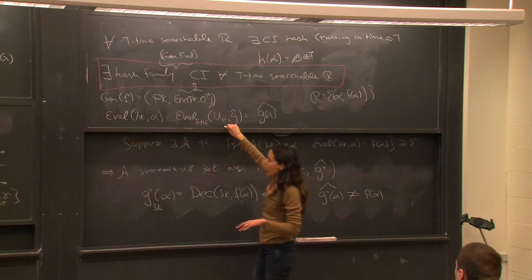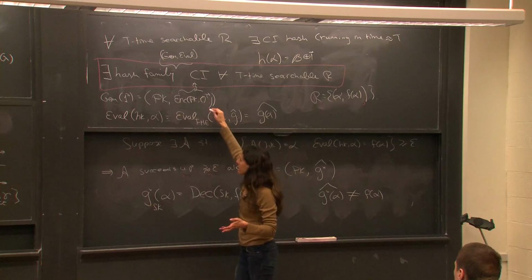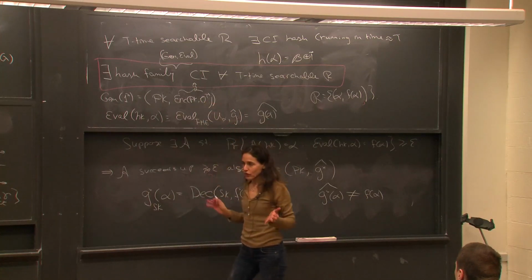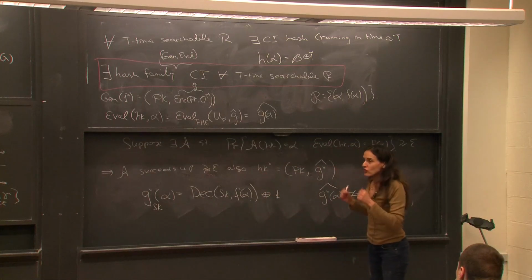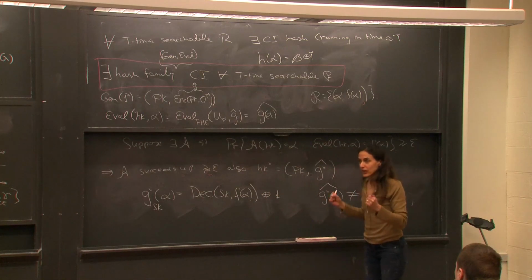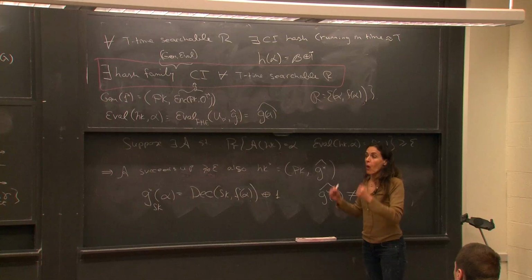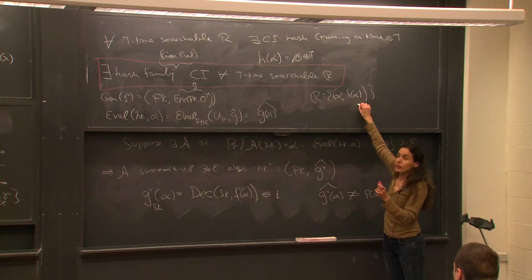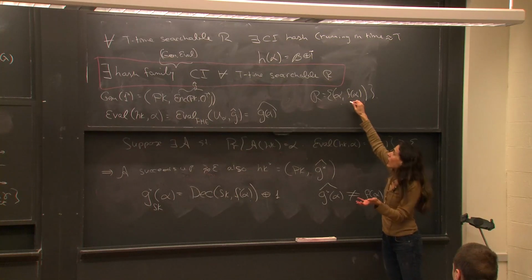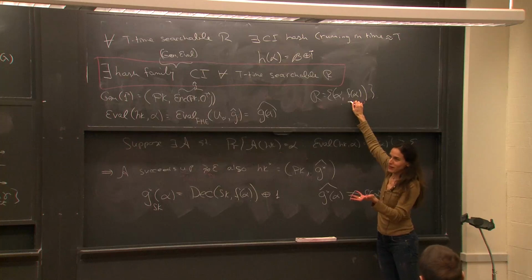I constructed this hash family that just has an encryption and does computation under the hood, and it's correlation intractable with respect to every t times searchable relation. Why? Fix your favorite t times searchable relation. The fact that it's searchable means that for every alpha there's a unique beta, and it's computable in time t. So I call f the function that computes this beta.